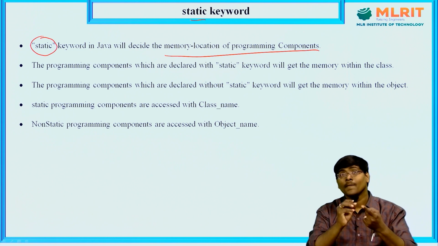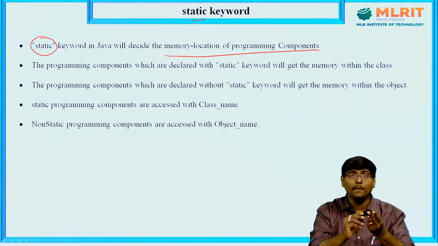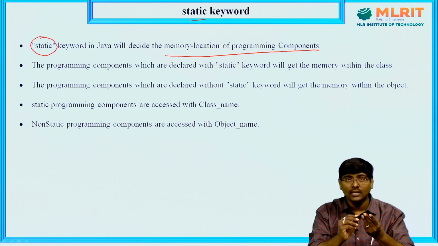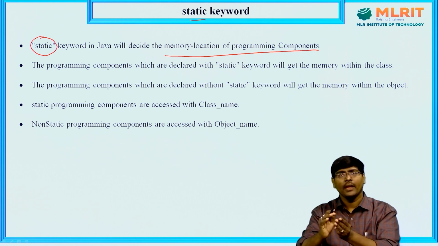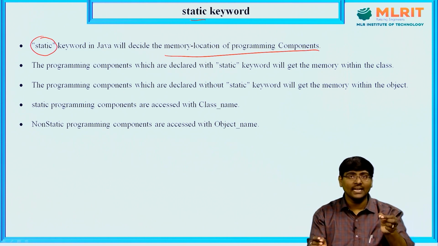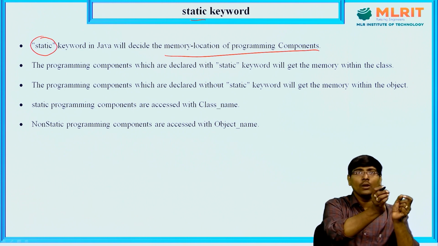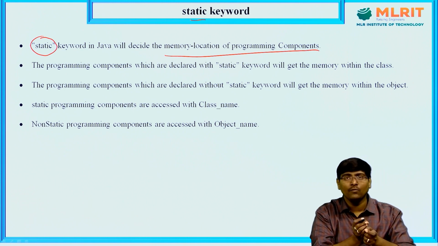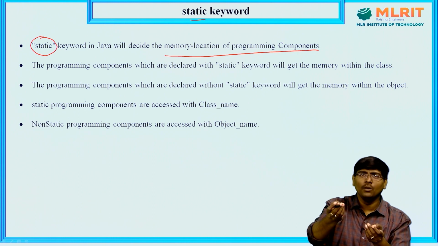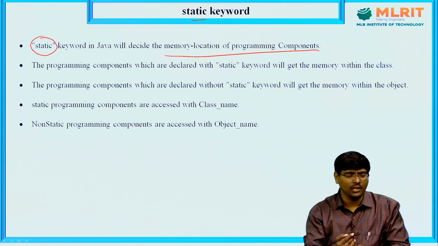One is the class memory, the second one is the heap memory, and the next one is the Java stack area, and so on. Now, this static keyword decides in which memory location your programming component will be stored. Programming component in the sense either a variable or a method or a block or interface or a constructor, everything.